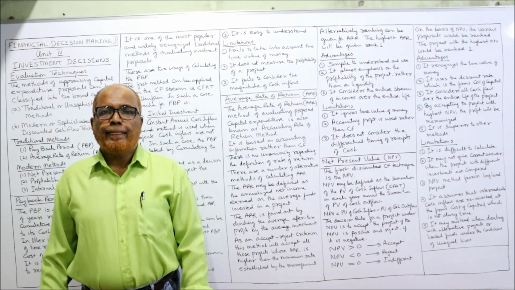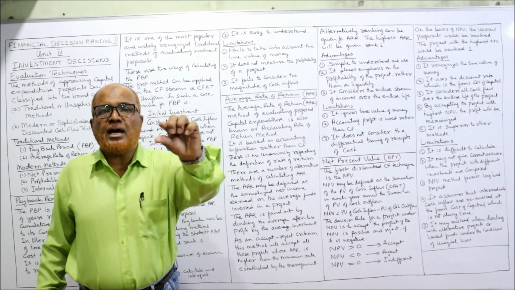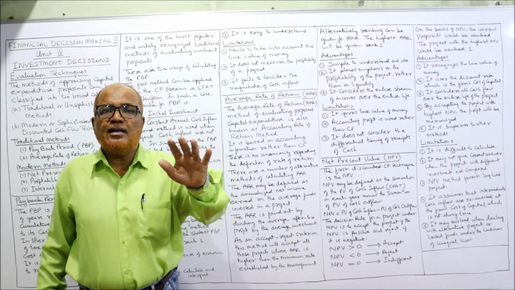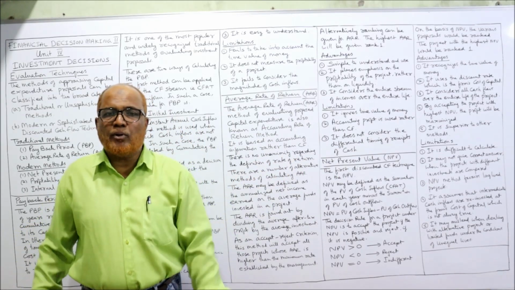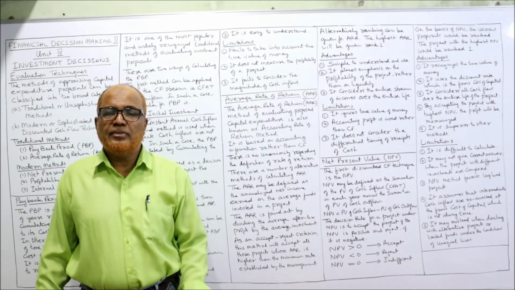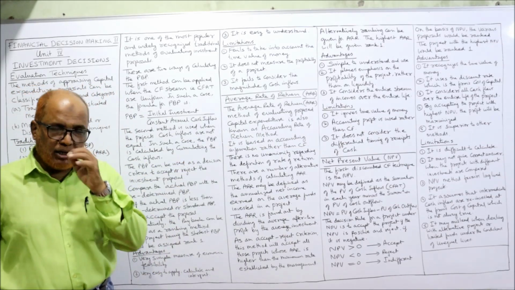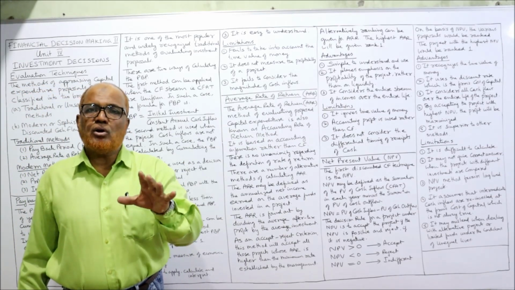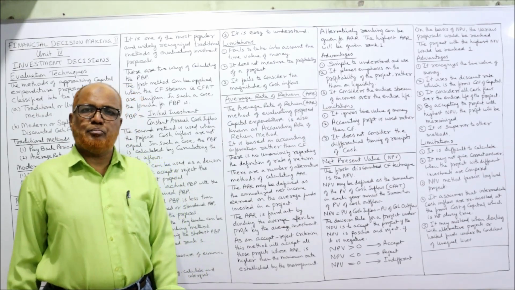It will treat both projects as the same. It considers the total cash flows, not the magnitude. When we get how much is not a concern. The magnitude of cash flows is ignored. That is also one of the drawbacks. So these are the limitations due to which it is not a superior method of evaluating capital budgeting proposals.